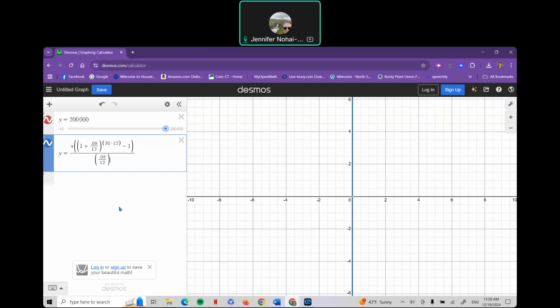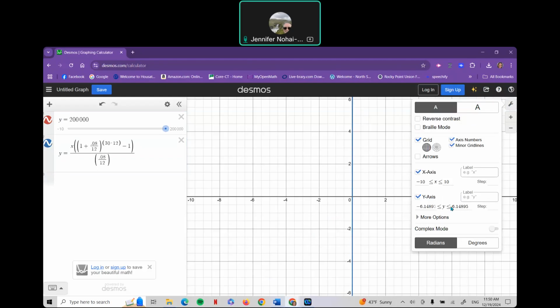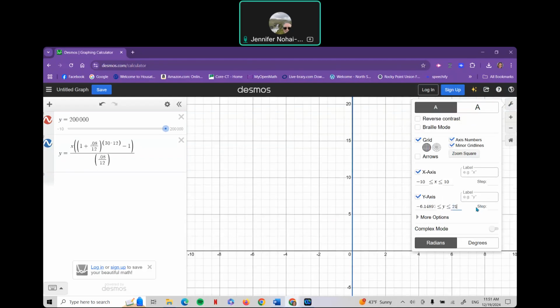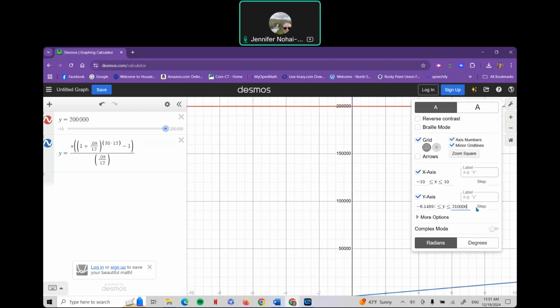So now what we want to do is we want to see where these two intersect. Now, what we can't see is y at 200,000. So we're going to have to open up our graph settings. We need our y-axis to go much further up. I'm going to say 210,000.